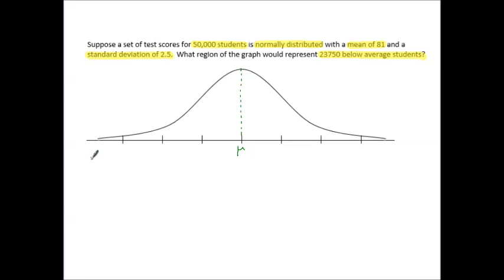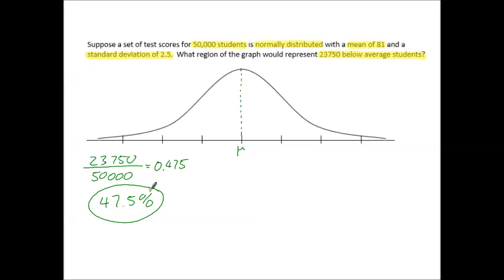So let's first find out what is that as a percentage. 23,750 divided by 50,000 comes out to be 0.475. In percent, that is 47.5%. We know that the area right to the left of the mean represents 34%.